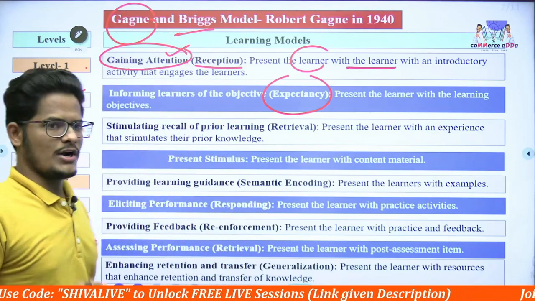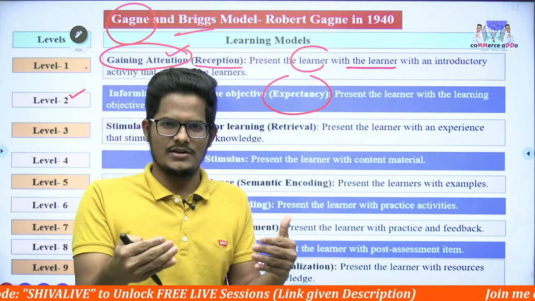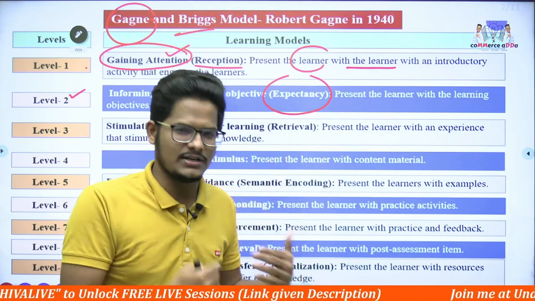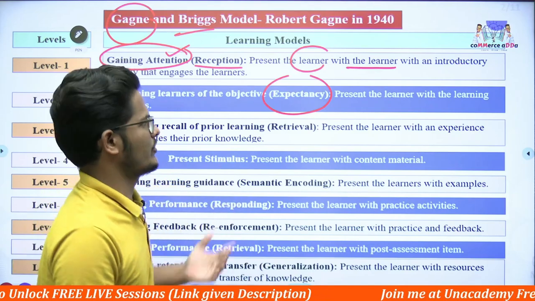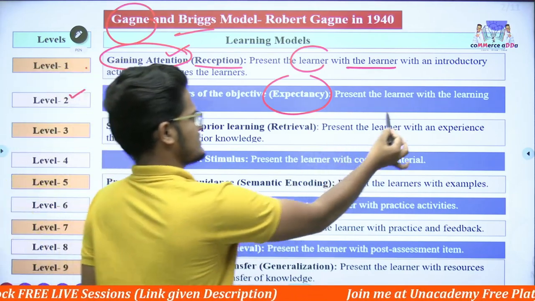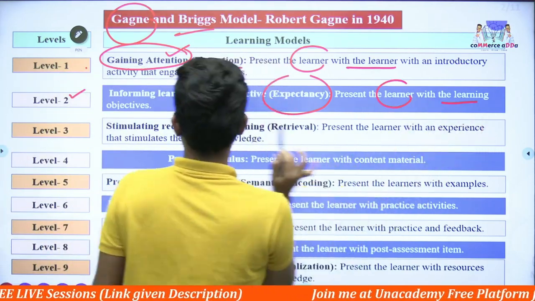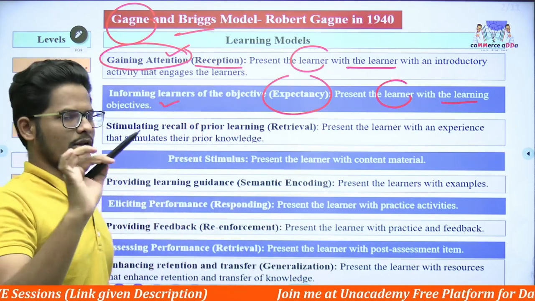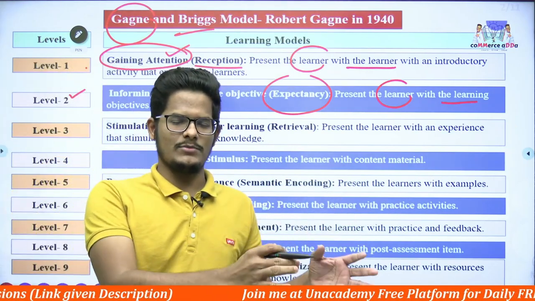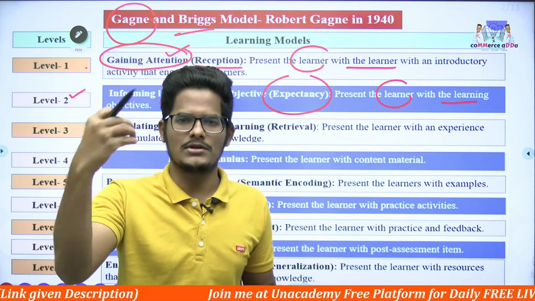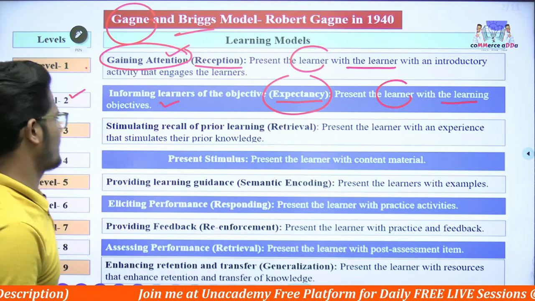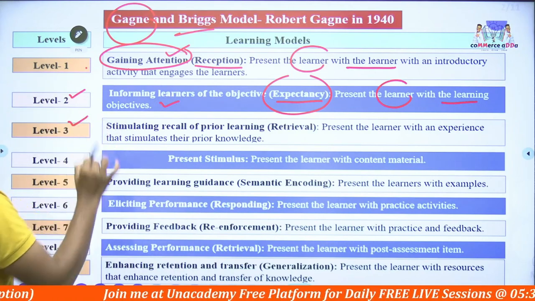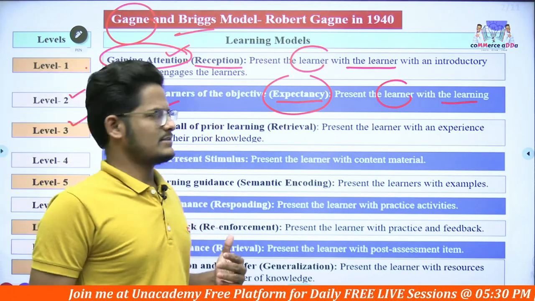Informing the learners what they can expect from this particular session, or this particular 1 hour of a session, whatever you are going to take as a teacher. So present the learner with the learning objectives: what you are going to learn, and after spending this much time in this class, what is the outcome of that class? The objectives will indicate the expectancy of the learner or the teacher after listening to the class.